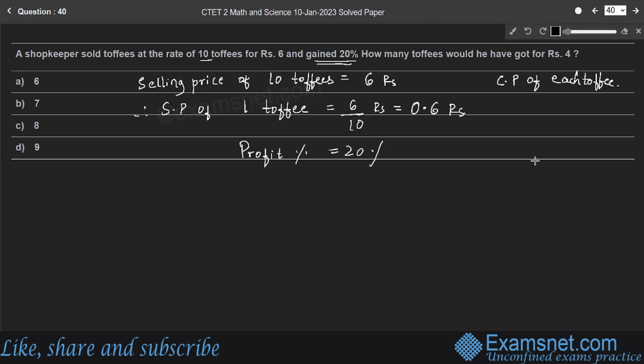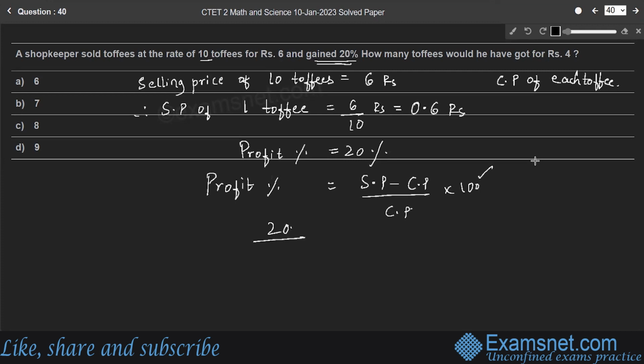is 20%. So here using the formula of profit percentage, we can find cost price of one toffee because profit percentage says selling price minus cost price over the cost price into 100, right? So into 100 gives profit percentage. So 20% is profit percentage, right?